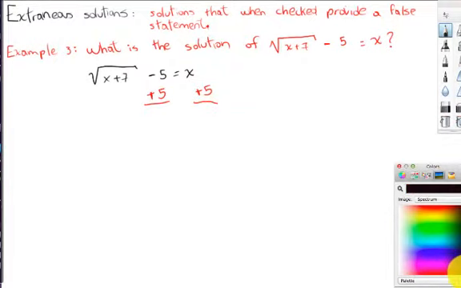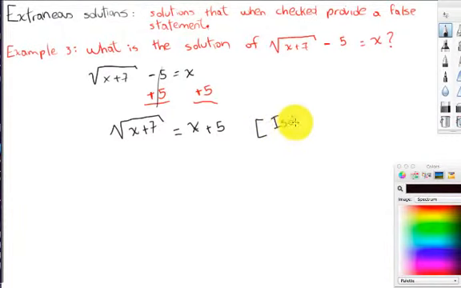On the left-hand side, this cancels out. That's the whole purpose of why we do it. We should have the square root of x plus 7, and since the x and the 5 are not like terms, we leave them separate. So all we did was isolate the radical.